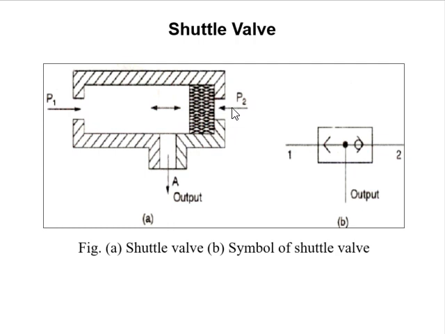Now the fluid will supply from P2 towards the output. So whenever any one of two inputs is available, we get an output.